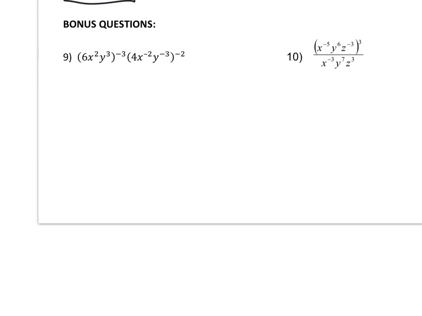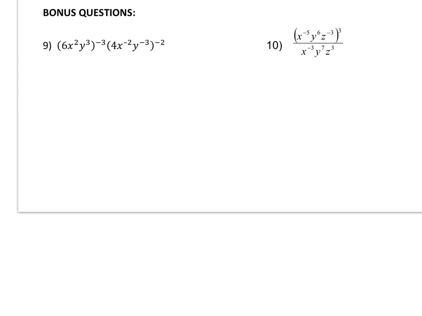All right, let's quickly work through these bonus problems. In the first one, you have a power to a power situation, and you're multiplying by another power to a power situation. So you must apply the power of negative 3 to everything in this set of parentheses, and the power of negative 2 to everything in this set of parentheses. So doing that, I get 6 to the negative third power.